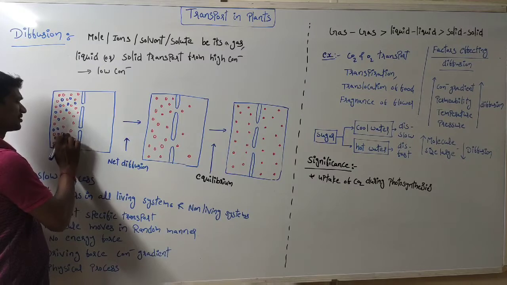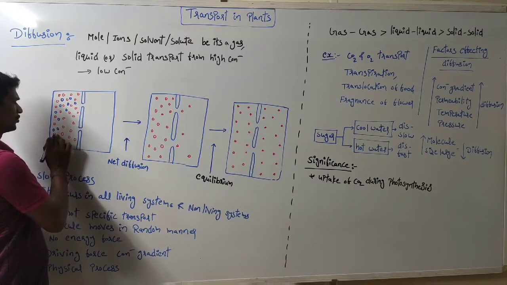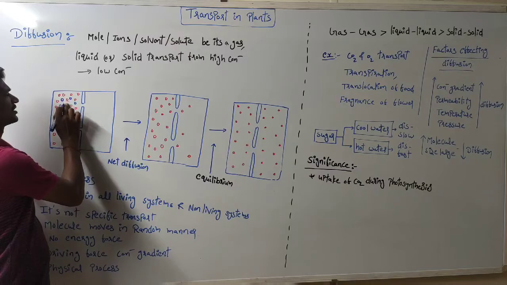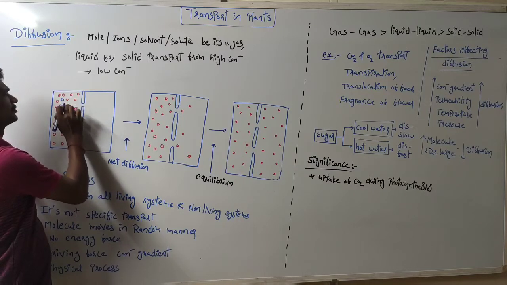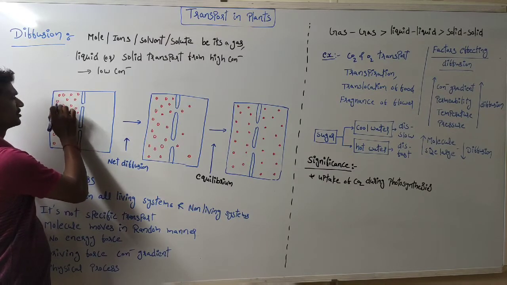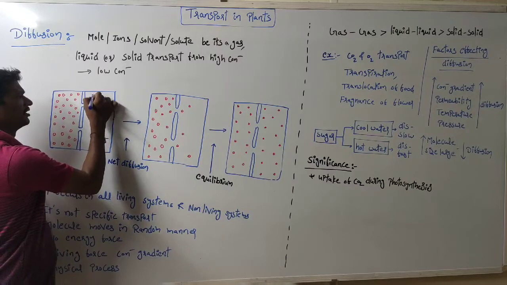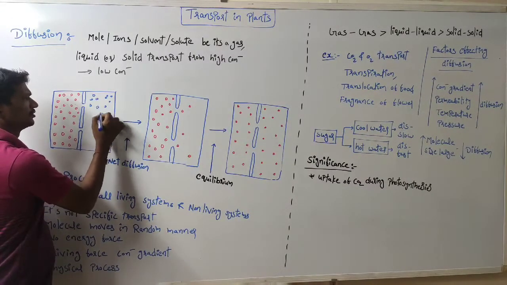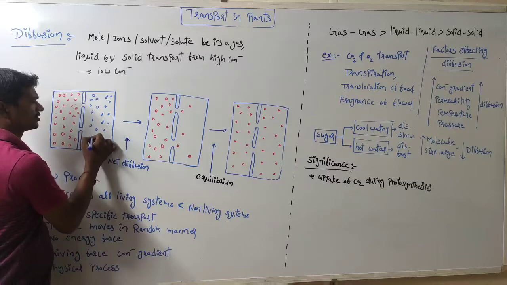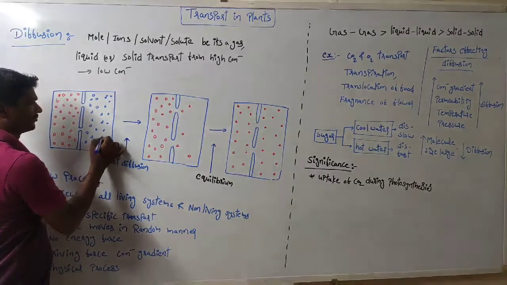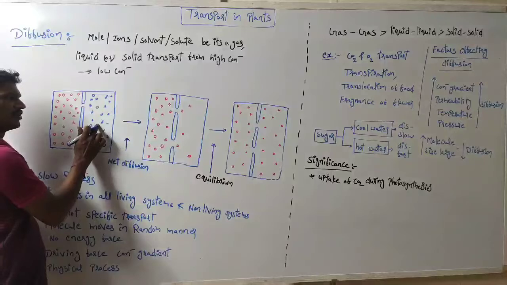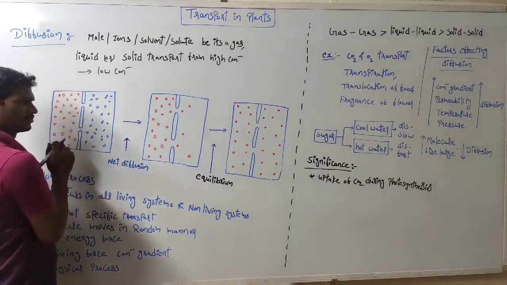In another case, for suppose this side is filled with a high concentration of one type of molecules, and the other side is filled with another type of molecules. These molecules try to transport from here to here, and again those molecules try to transport from here to here.